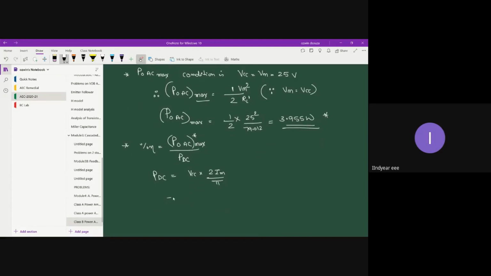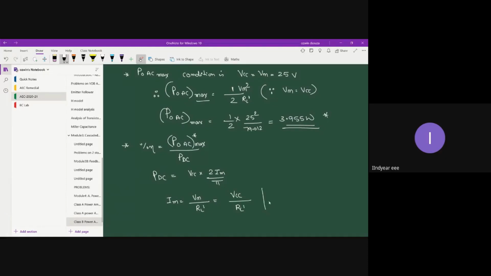Now, what is this Im? So Im is Vm divided by RL dash. Once again, there is no Vm value given in the problem, but let us assume that the circuit is operating at the maximum efficiency condition. So at maximum efficiency, Vm can be taken as VCC.